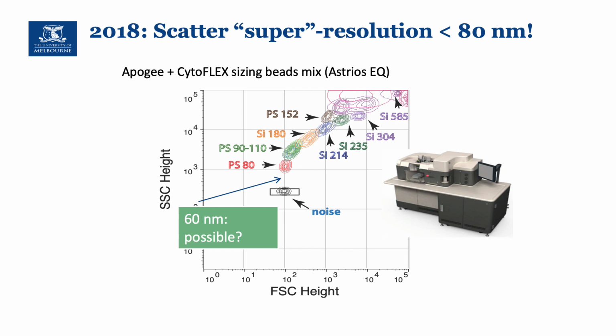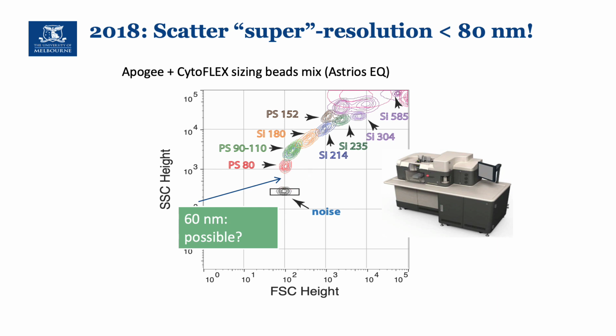And by running different beads that have precise size definition, different materials like silica or polystyrene, we managed to accommodate lots of beads between the 200 and the noise. In our case, we managed to see that the instrument was able to see down to 80 nanometers, clearly resolved from the noise.